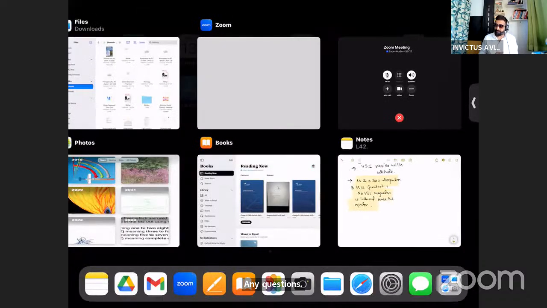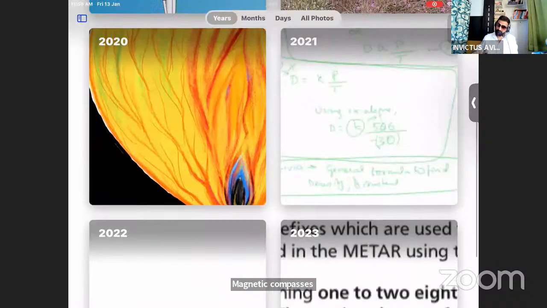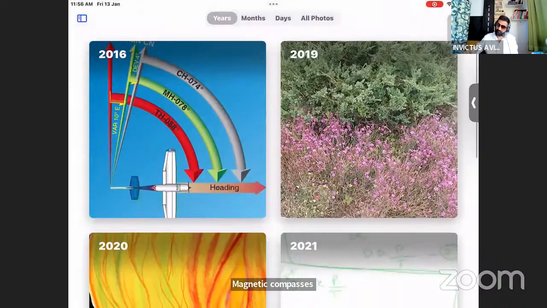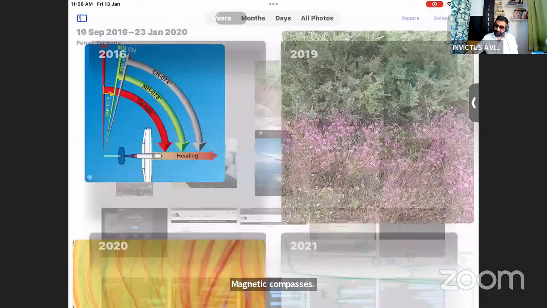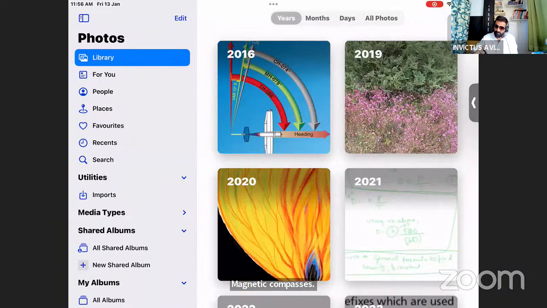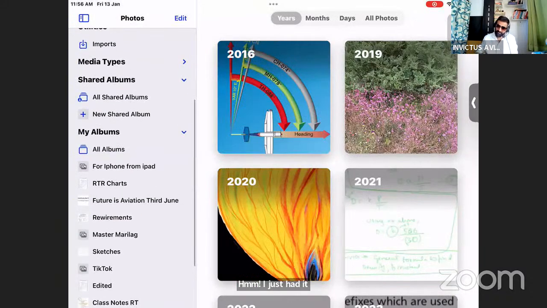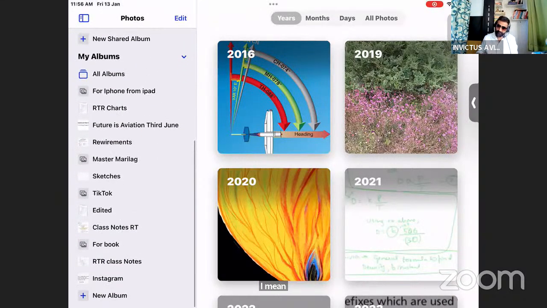Now see the two types of magnetic compasses. I just had it. Screenshots. 1 second, okay?